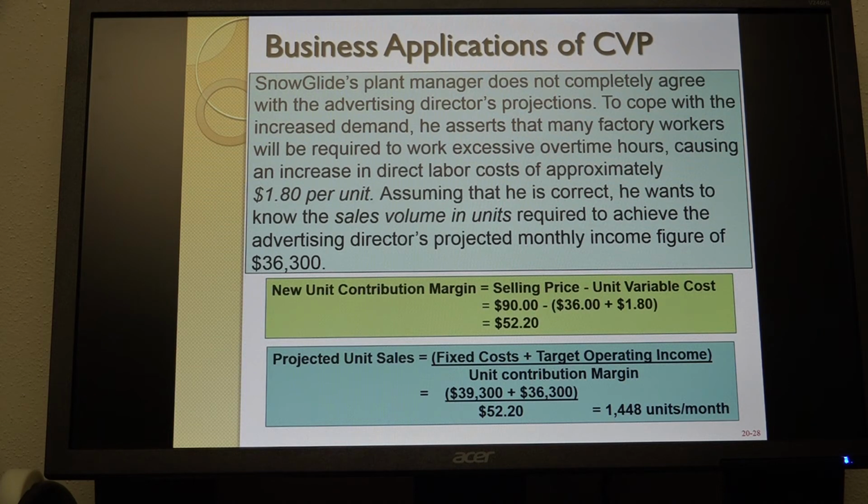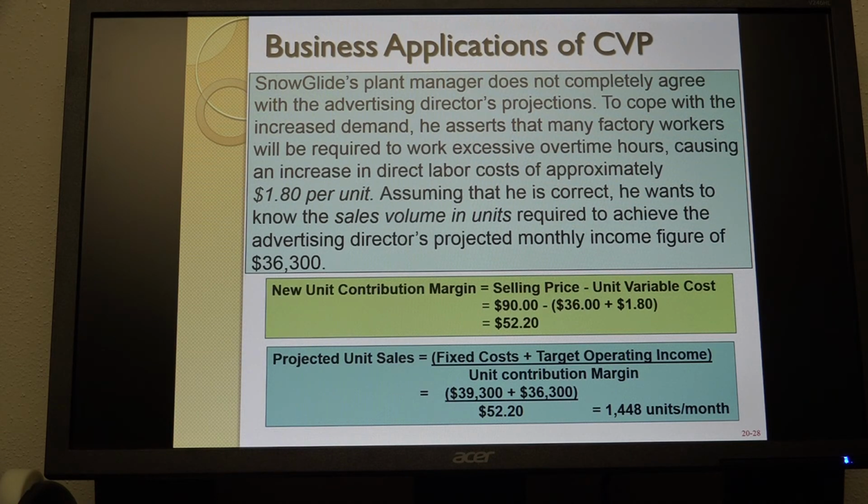And so the new unit contribution margin in this case is $90 minus $37.80, the original $36 unit variable cost plus the $180 additional for additional labor. And so the new unit contribution margin is $52.20. And so you can take that number and figure out your unit sales.